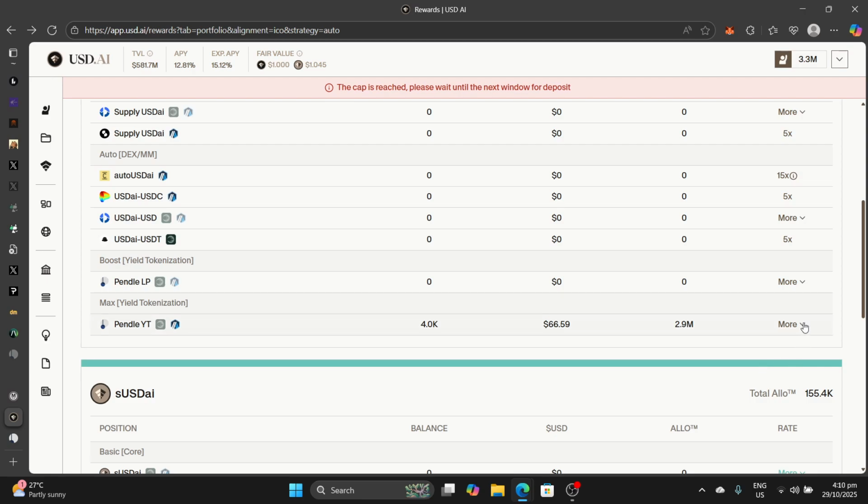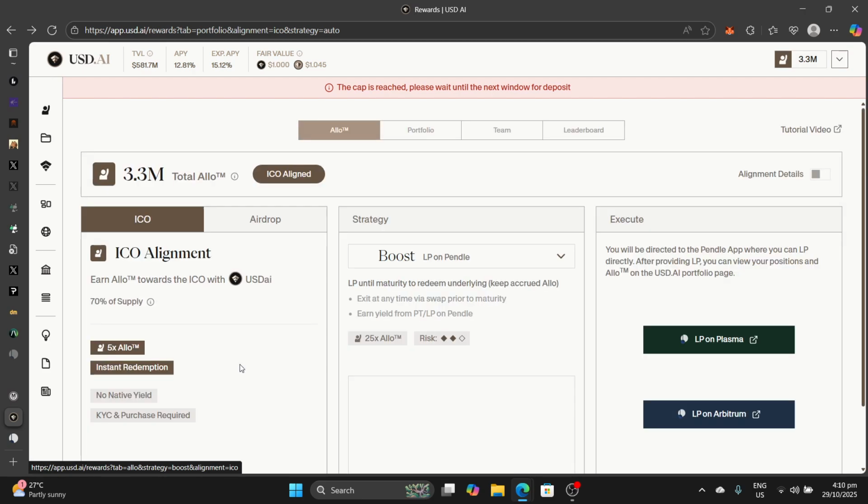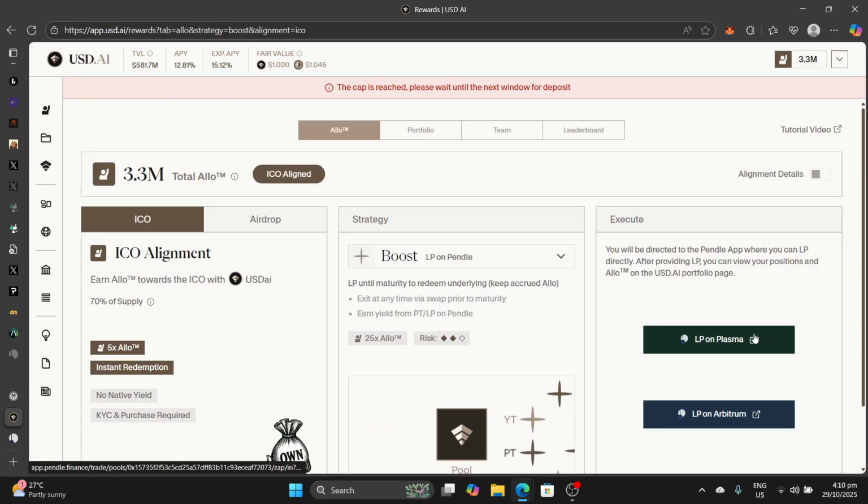Speaking of this, let's go to, so now they've introduced this, but this one is on plasma. So let me open this. I didn't even know that existed. This one, let's just compare.